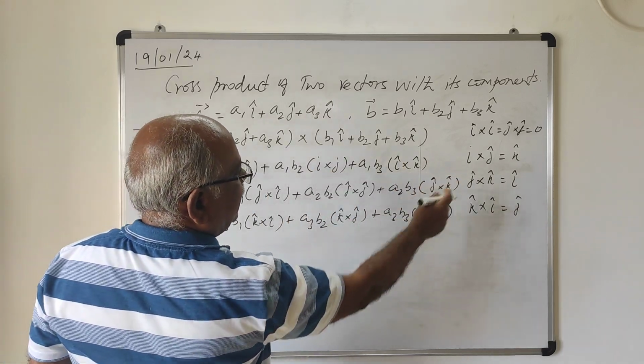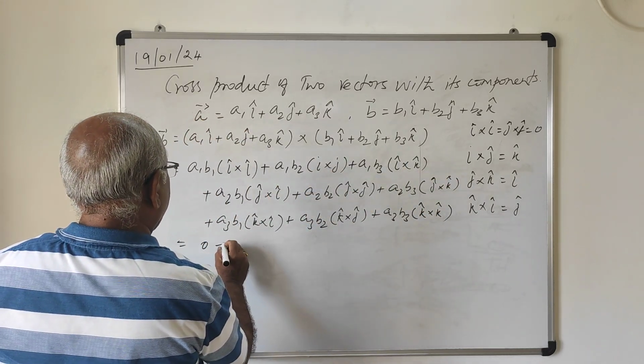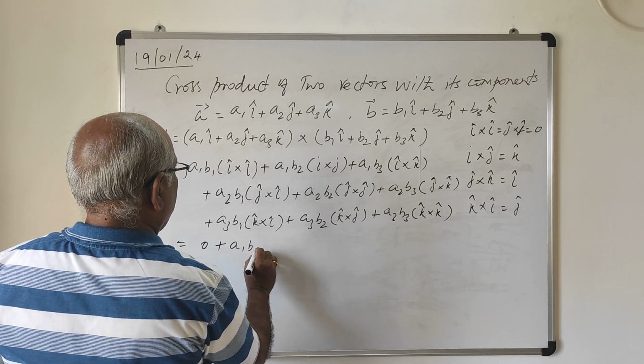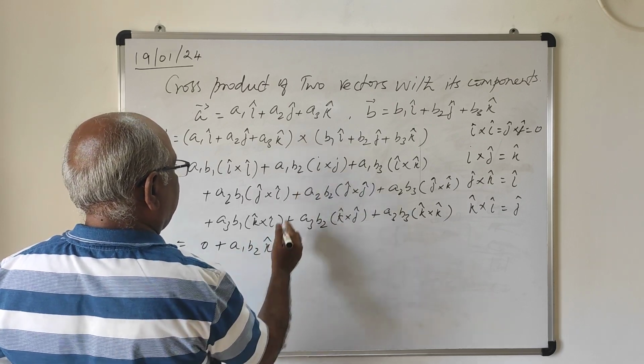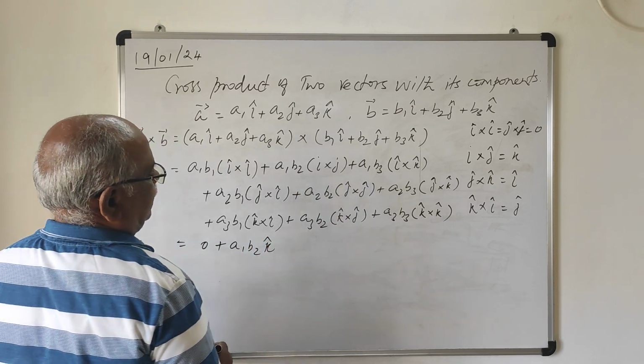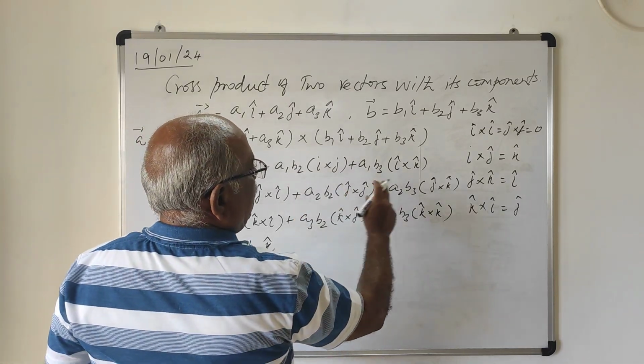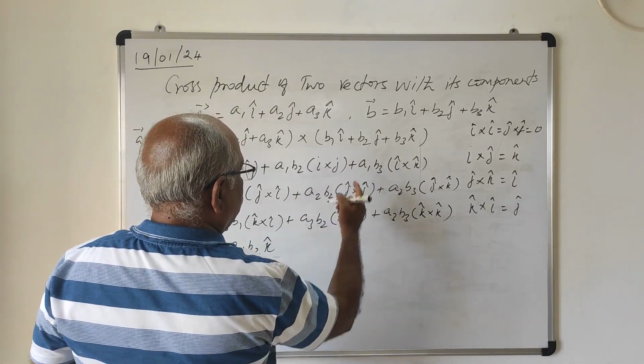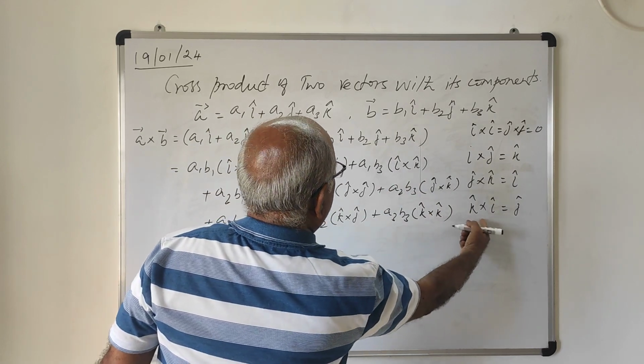Next term is A1 B2 into K vector, since I cross J is K. And I cross K is minus J.